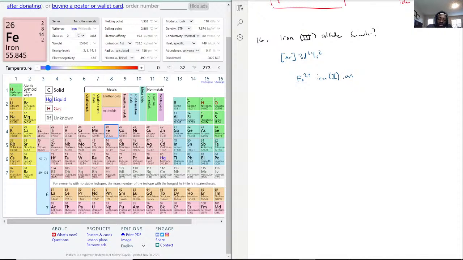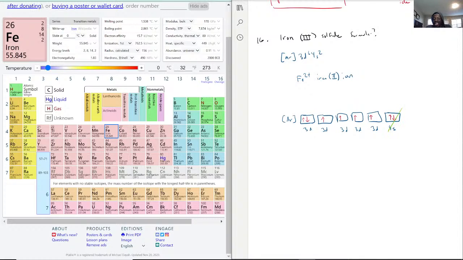Now, if you were to draw not the electron configuration but the orbital notation for Fe2+, starting from argon, there'll be 4s, and 3d, 3d, 3d, 3d, 3d. This is just to explain why we have iron 3. So we have 4s2 filled up, and we have 3d6. As you notice, we have 1, 2, 3, 4, 5, 6. That's how it works. So you have the iron 2 ion, which does exist because it's able to get rid of those.